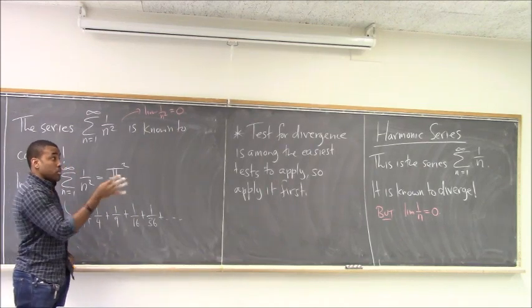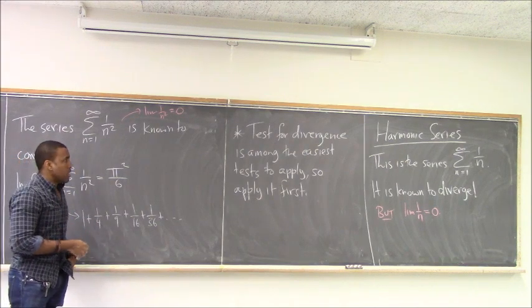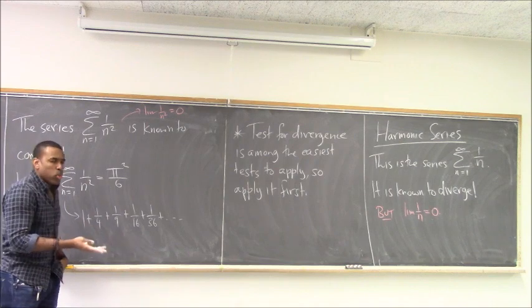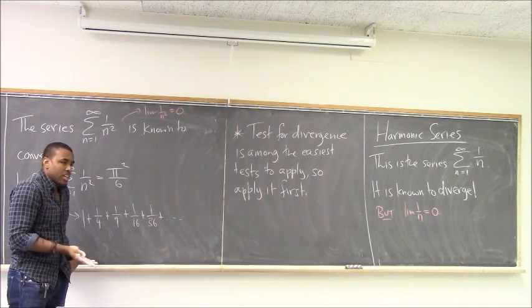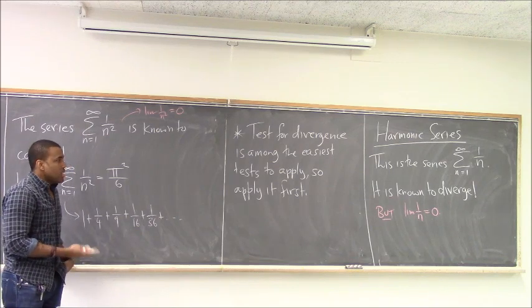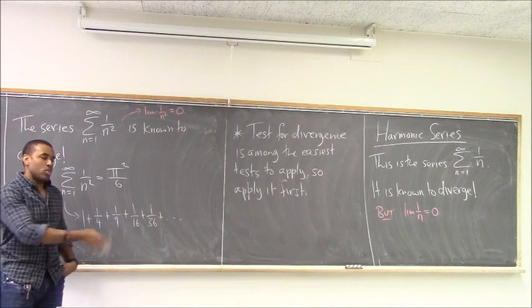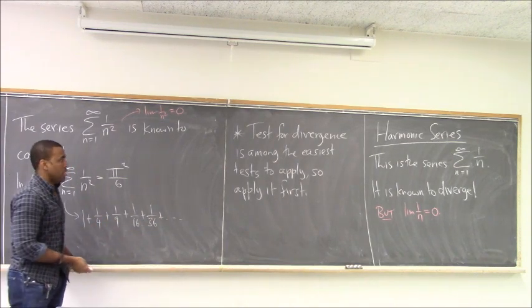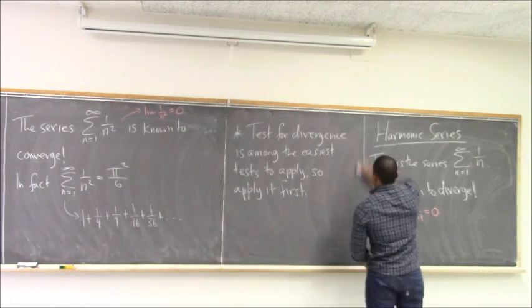So too, when it comes to a series converging, the test for divergence should be one of the first things you think about. It's not going to always work, but it's really quick to check. So just take a couple seconds, do the check. If you don't get 0, you're done. You don't have to do anything else. If you do get 0, you have to do something else, but at least you won't waste a lot of time. So it's one of the easiest things to apply, so just apply it. Test for divergence.